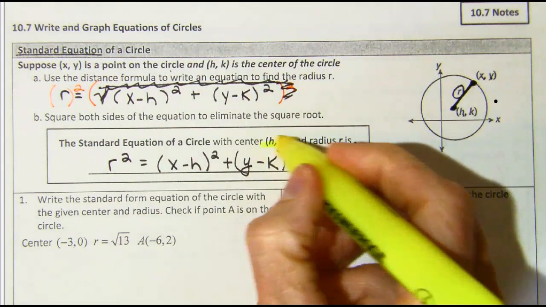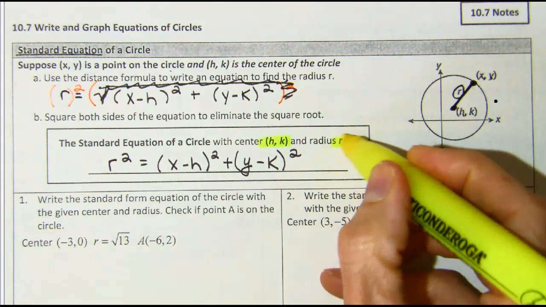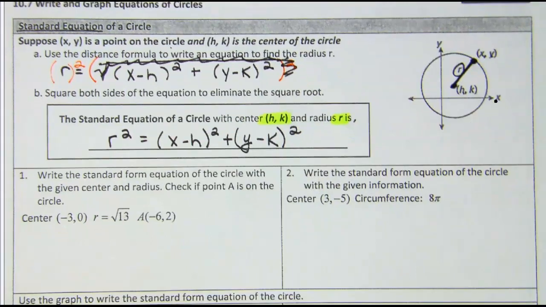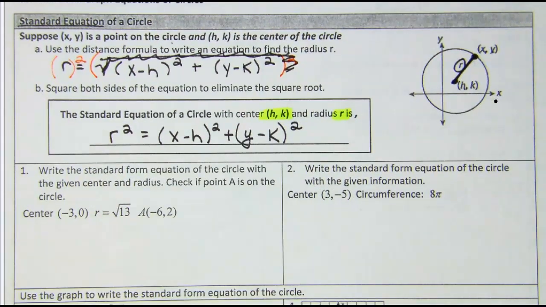Now, we need to really pay attention to these three variables, h, k, and r, if we are going to be writing equations of circles. So number one says write the standard form of the equation of a circle given the center and the radius. Then it says check to see if point A is on the circle.